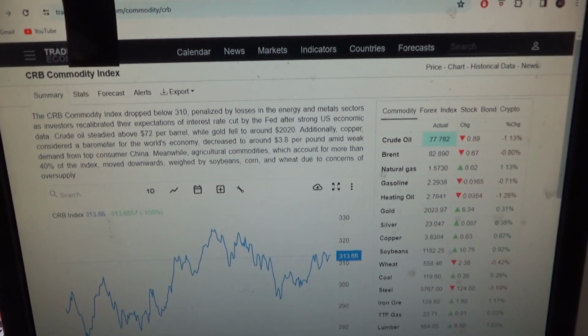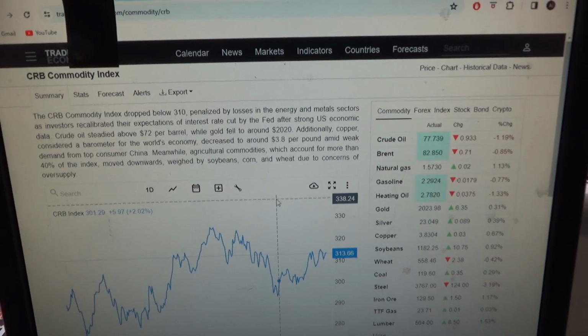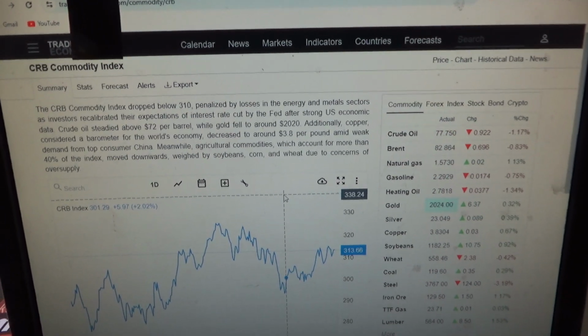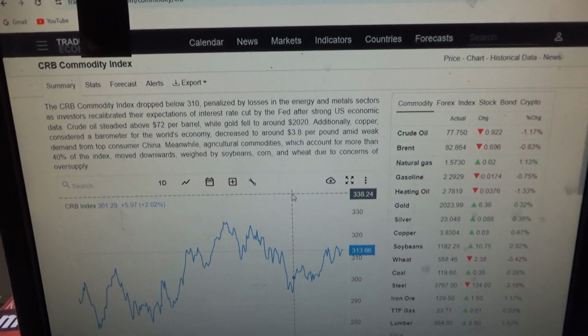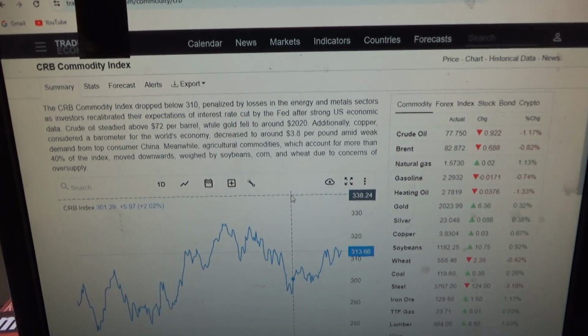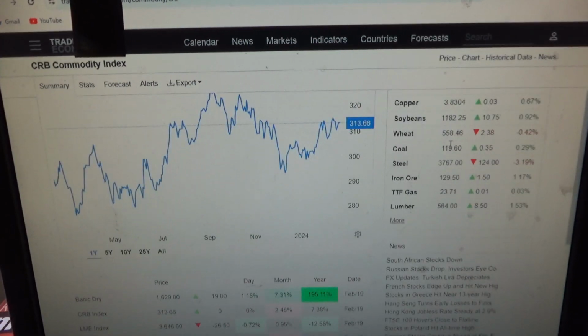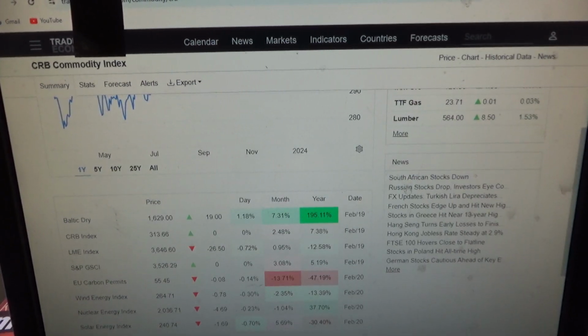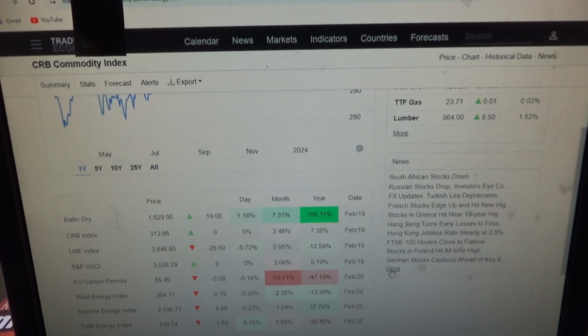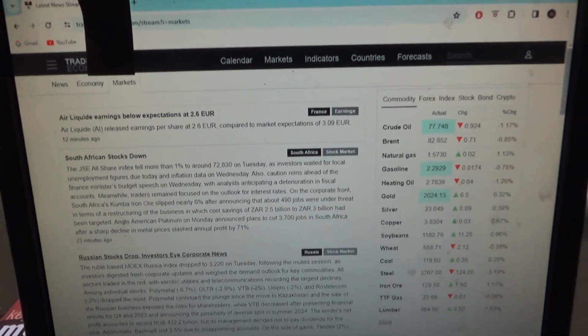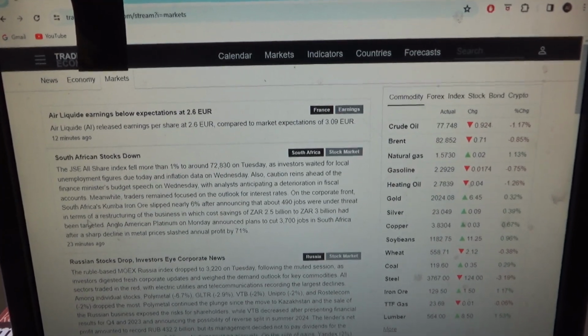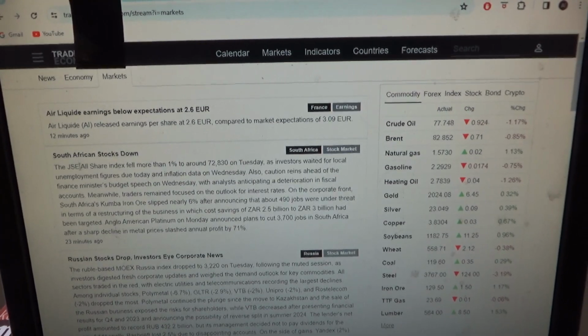It's a sort of a mix of commodities, agricultural and otherwise, metals, you name it, and it's a weighted average. So if you scroll down to here on the right hand side, news, and you click on that more, you basically get a situation where they update you fairly regularly on what's going on.